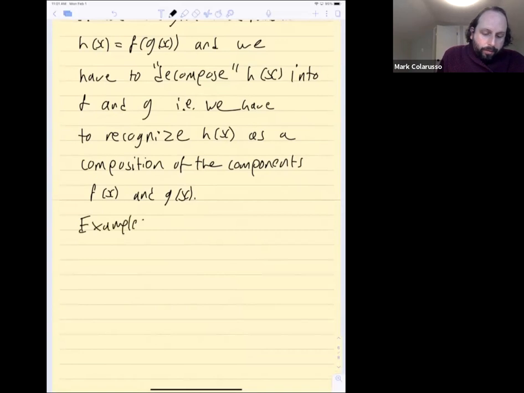Okay, so examples. Identifying or recognizing compositions.